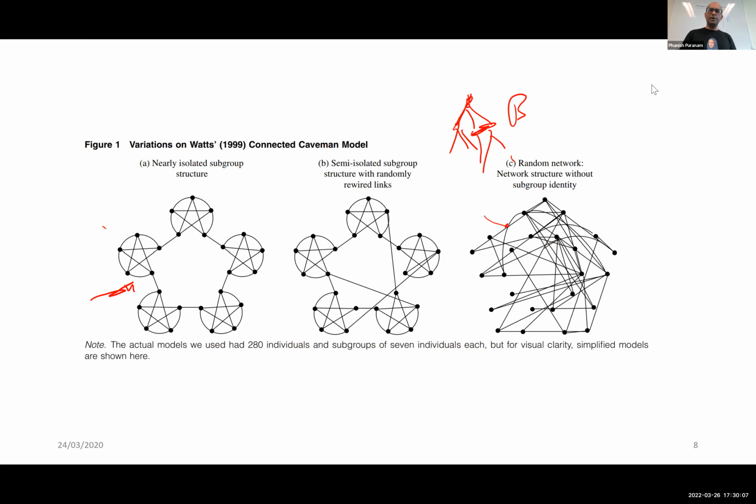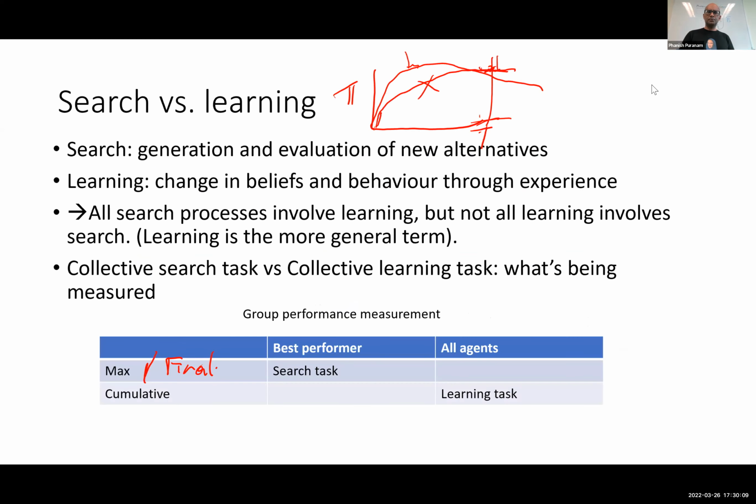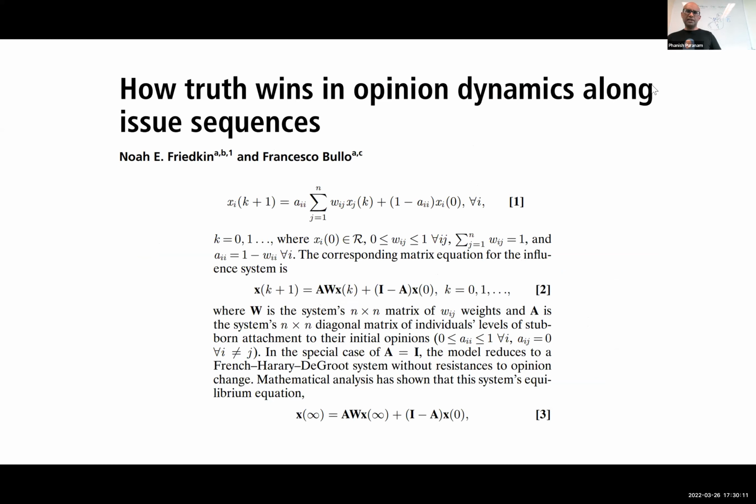Okay, let's compare it to another one, which is the Friedkin and Bulow paper on opinion dynamics. So who would like to go take a shot at explaining this one? What's going on in this model?